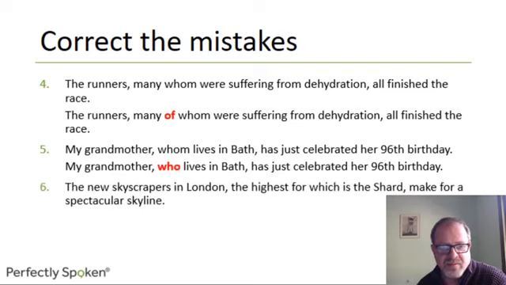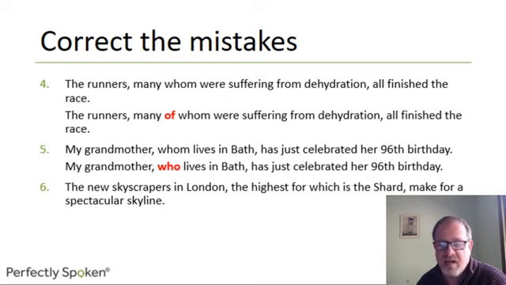The new skyscrapers in London, the highest for which is the Shard, make for a spectacular skyline. I was just in London over Christmas, and there's a fantastic skyline, a combination of the very old architecture, St. Paul's Cathedral, Palace of Westminster, but now you have these huge skyscrapers which are dominating the skyline.